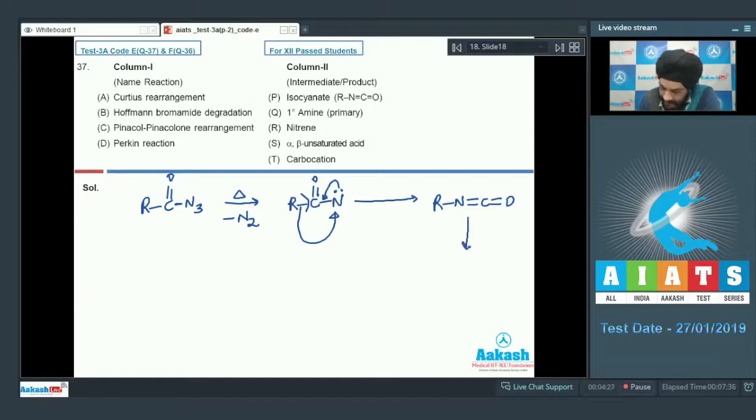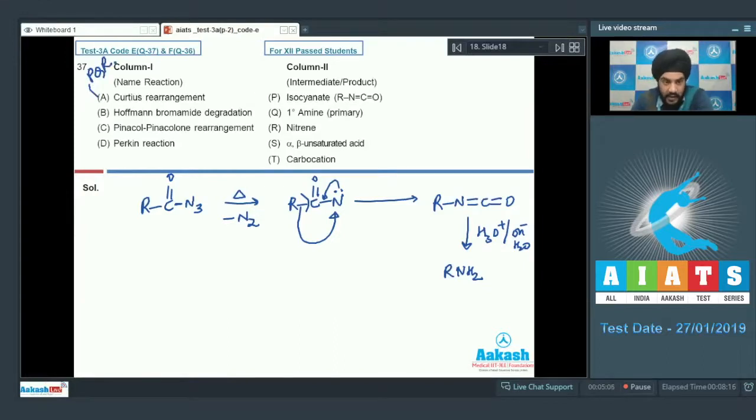And at last this is hydrolyzed in the acidic or the basic medium to give us a primary amine. So if we talk about the name reaction given in option A, which is the Curtius rearrangement, it shall be matched with isocyanate, primary amine, and nitrene as well. So A shall be matched with P, Q and R.